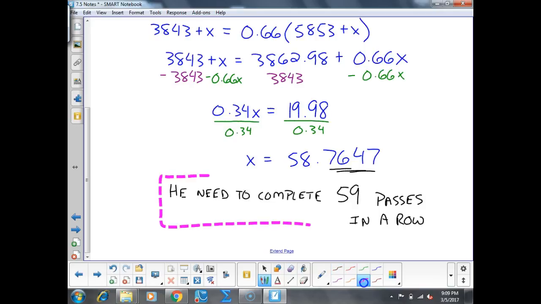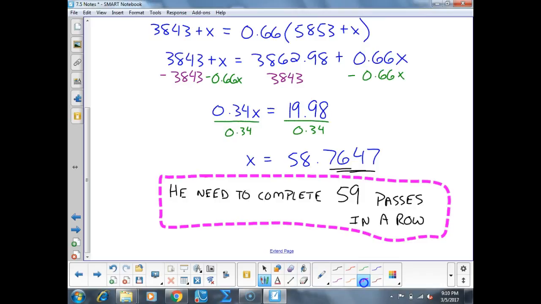Okay. I've got to round up there. I can't round down because if I round down, I don't break the record. I'm still in second place. If I round up, I've broken the record. Okay?